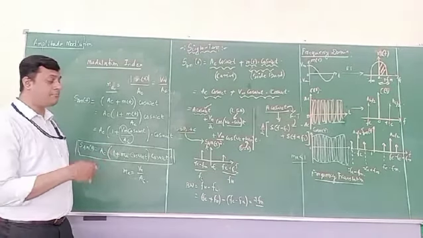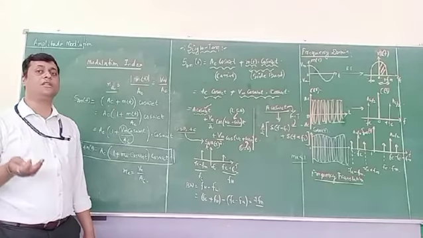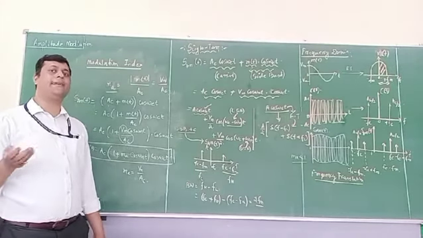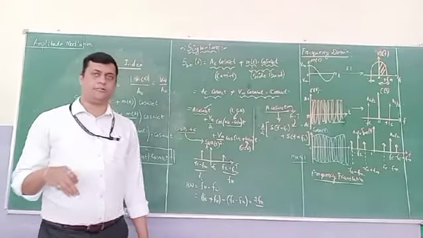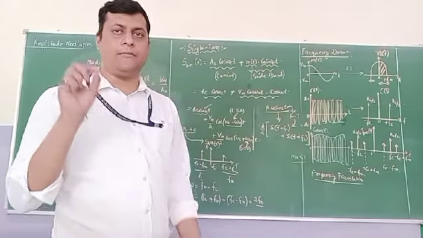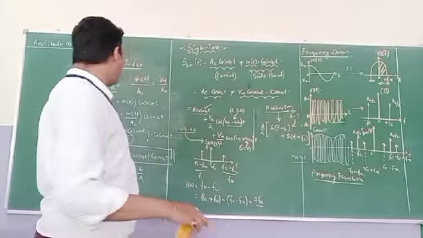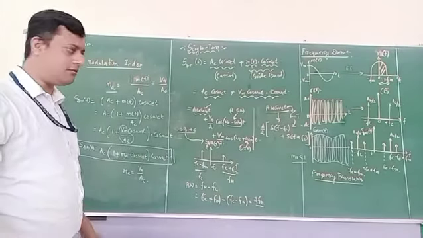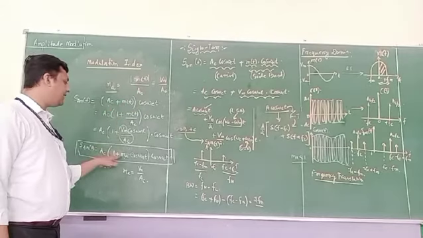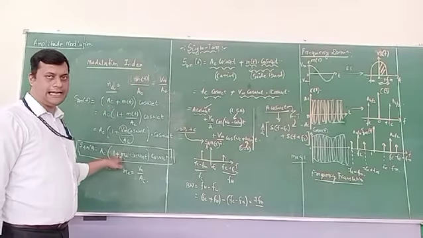Now if it is multi-tone, it means more than one modulating frequency is present which needs to be modulated. Depending upon those, again we have to handle this modulated signal bit by bit. Up to this it is okay because we have represented the AM signal in terms of modulation index.